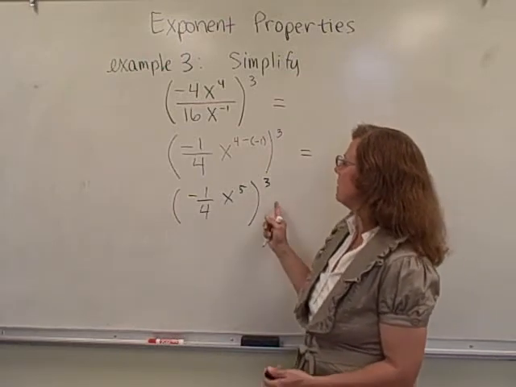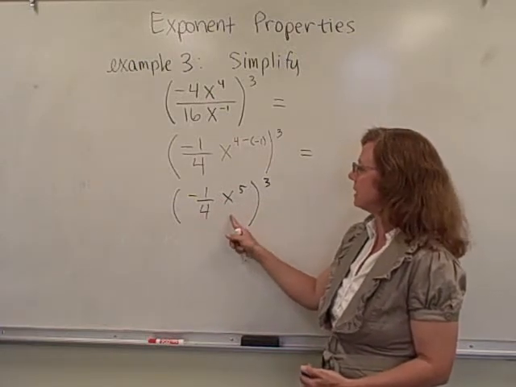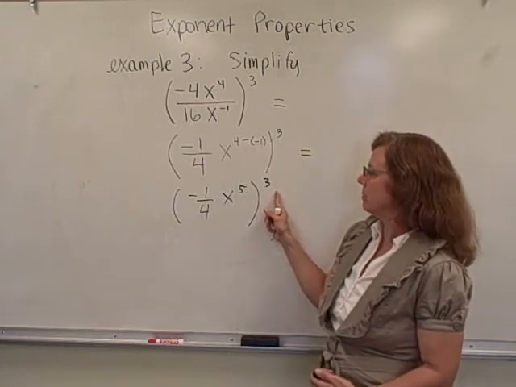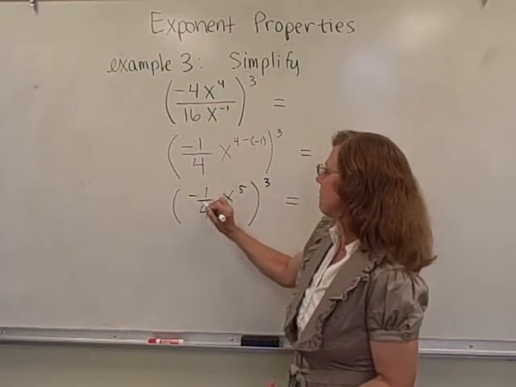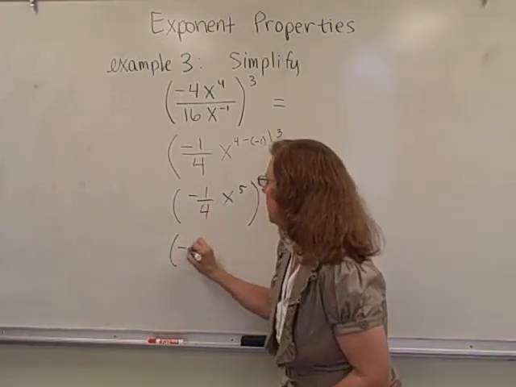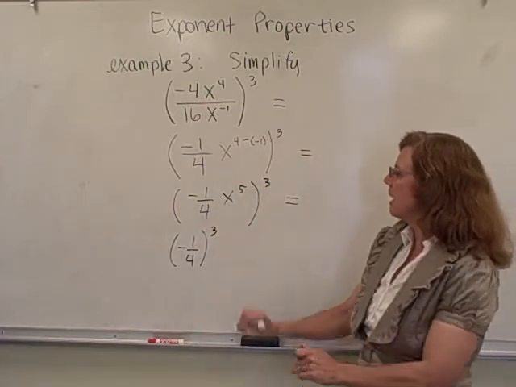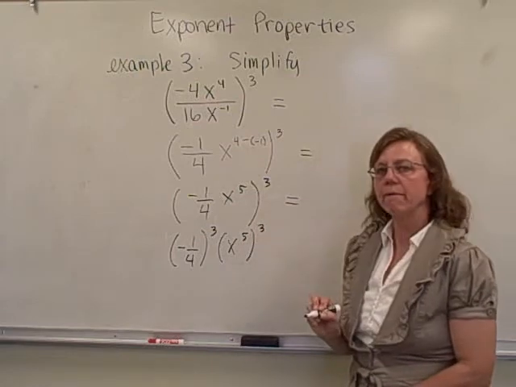Okay, so now I'm going to think of this as a product, -1/4 times x to the 5th, and it's being raised to the 3rd power. So that means I have to apply that exponent to each factor in the base. So I'm going to take my coefficient, my fraction, -1/4, and it has to be raised to the 3rd power, and then x to the 5th has to be raised to the 3rd power.